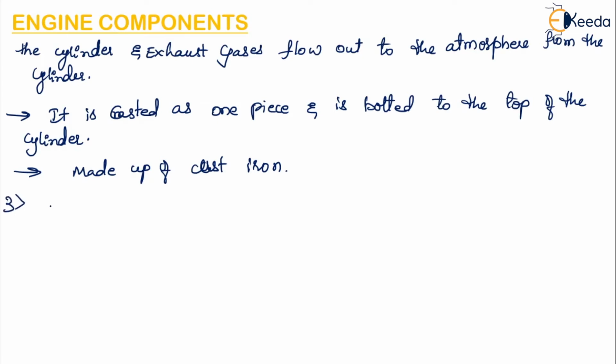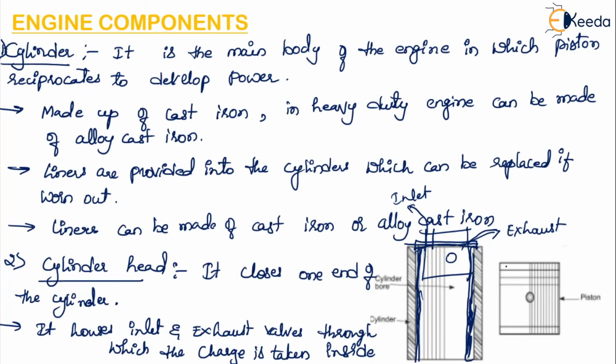Okay, the third component is the piston and piston rings. So here we can see this is the piston. Okay, the function of the piston is to compress the charge during the compression stroke and transmit the gas force to the crank through the connecting rod during the power stroke.